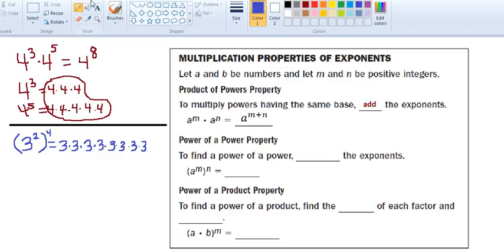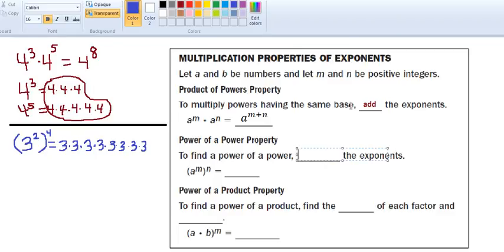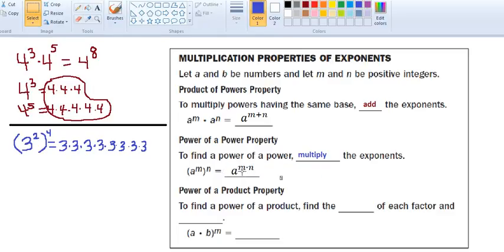So to find the power of a power, what you do is you multiply the exponents. Now, if you're having trouble keeping these straight, notice how there weren't any parentheses here, but there were here. So here's how it looks. It's written as a to the m times n power. So you can go ahead and write that down.